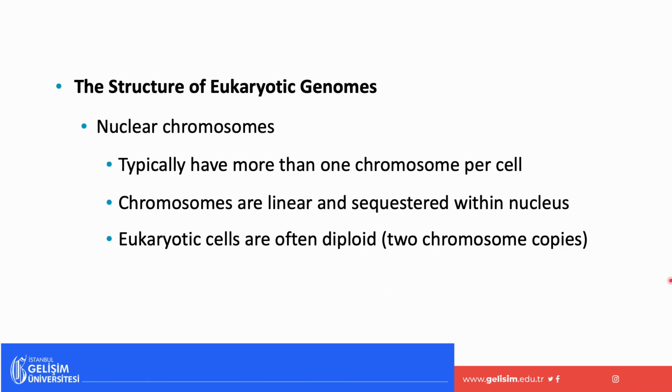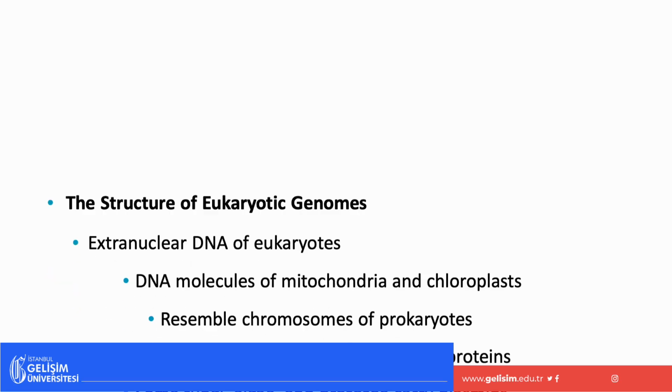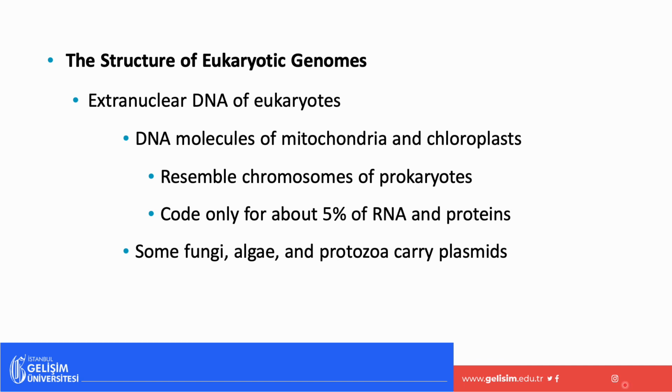Eukaryotic cells can be diploid or polyploid depending on the organism and the stage of the life cycle. For example, human cells are diploid. Again, this means two copies of each chromosome, while some plant cells can be polyploid, meaning they have multiple copies of each chromosome. Some eukaryotic microorganisms, such as fungi, algae, and protozoa, can carry plasmids, just like prokaryotes.